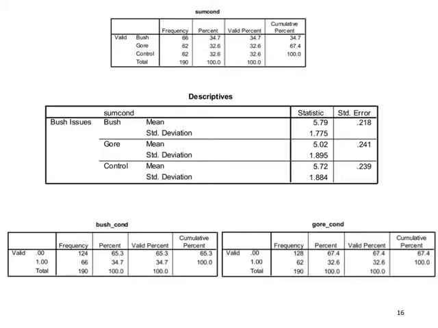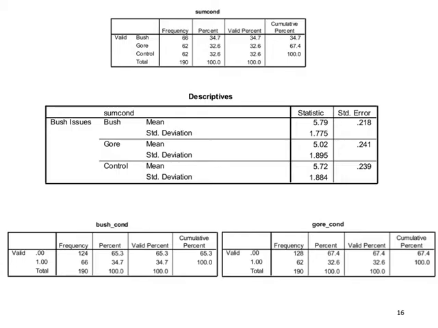And so these would be our means. The people in the Bush condition had a mean of 5.79. The people in the Gore condition, when we ask about Bush on the issues, were lower, not surprisingly so. And then the people who watched ESPN, or whatever I had them do, were in the middle.